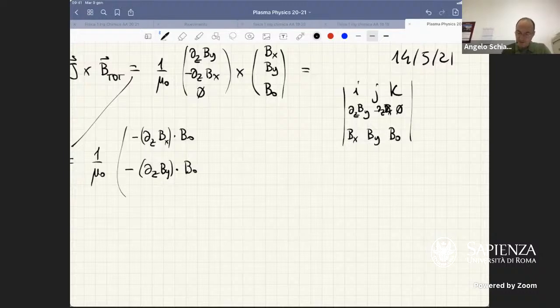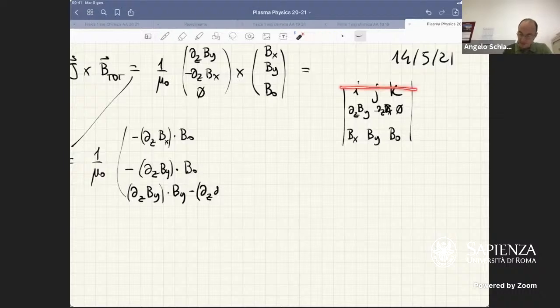And the third one is dz by, minus dz bx. So it's a cross term: dz by that multiplies minus dz bx, and as a minus minus, we change the sign two times, bx that multiplies bx.